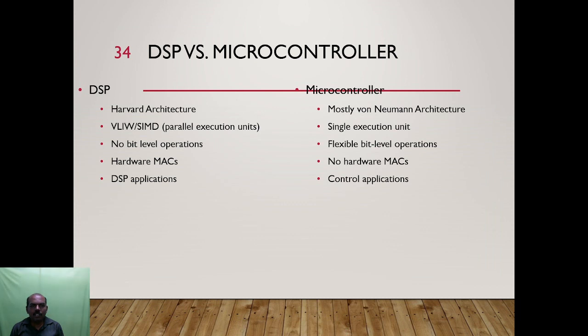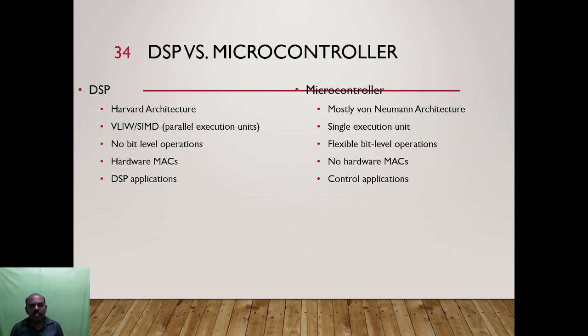Next slide, the basic difference between digital signal processor versus microcontroller. In DSP, hardware architecture used is VLIW or SIMD. In DSP, no bit level operations. In DSP, hardware MAC.